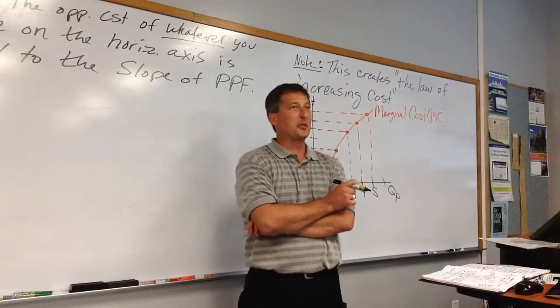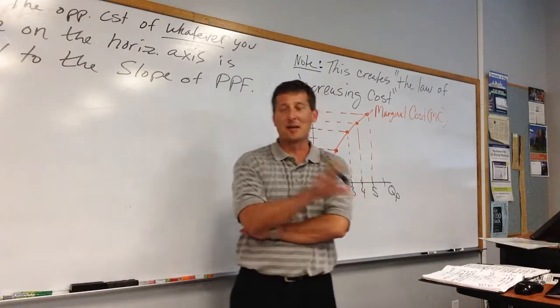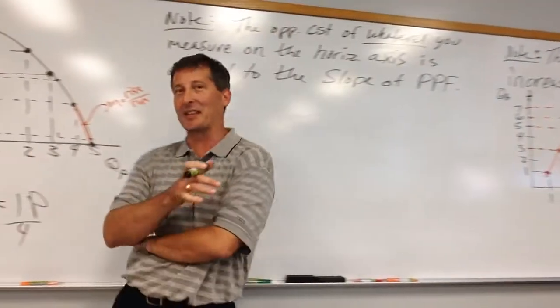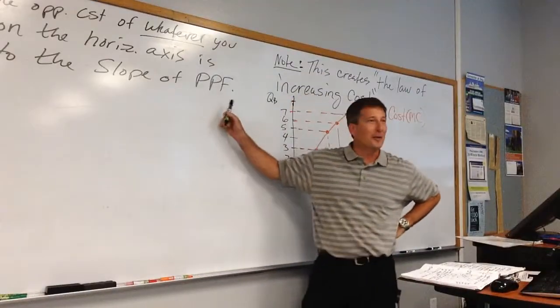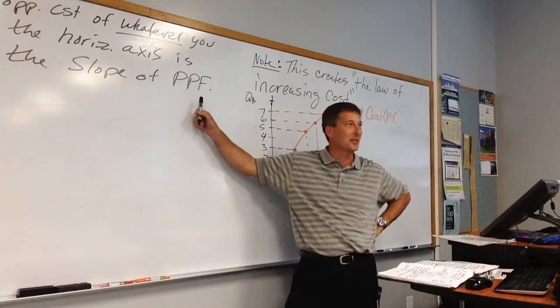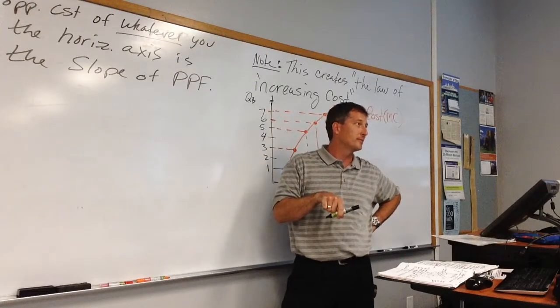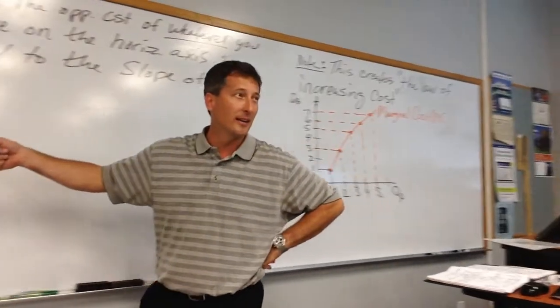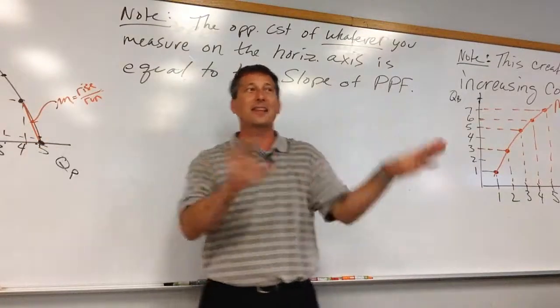Now, do we have any math majors in the room here? I thought you were kind of fidgeting in your seat a little bit because this statement's not quite right if you're really into the specifics of math. It's really equal to the opposite of the slope because that is always negative, but the cost is actually expressed as a positive. But this isn't math class.